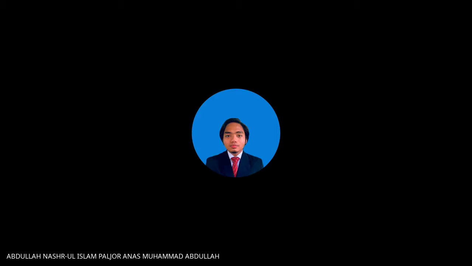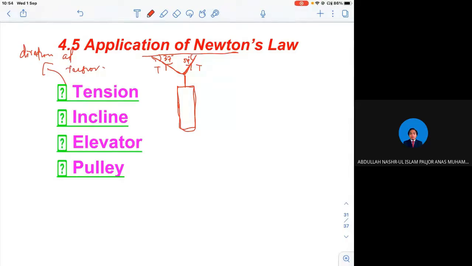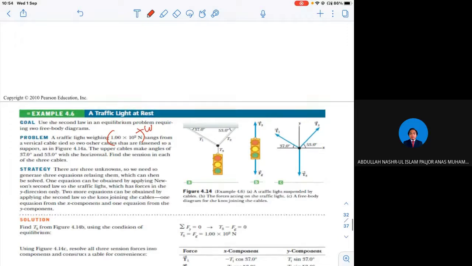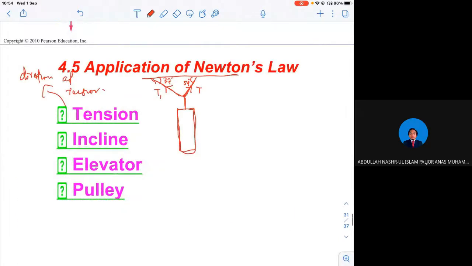For this, yes, like that. We can put it here as T1, T2, or whatever name you want to use, between the cable and the wall.